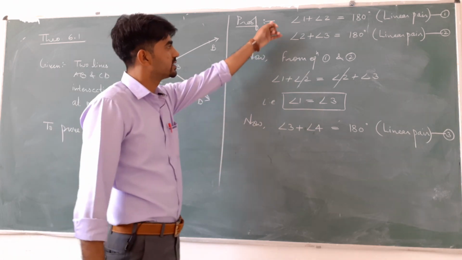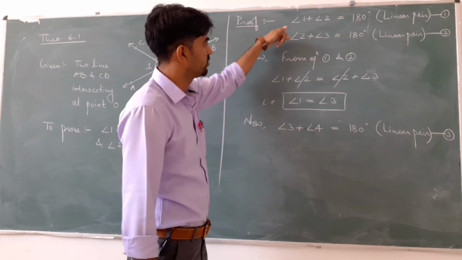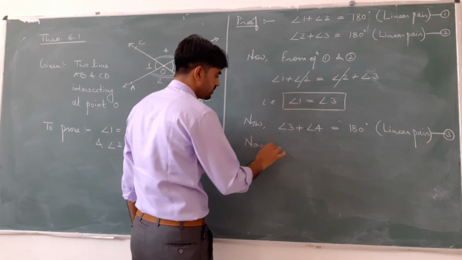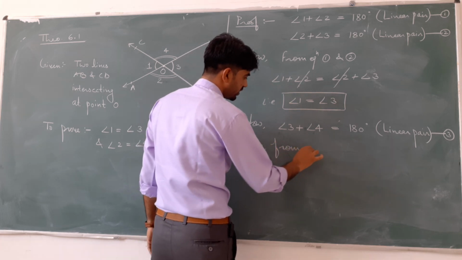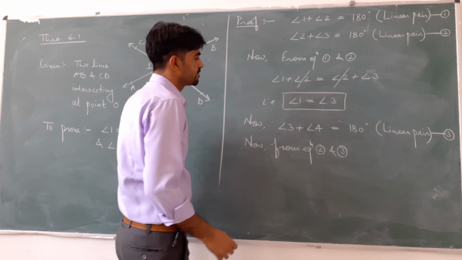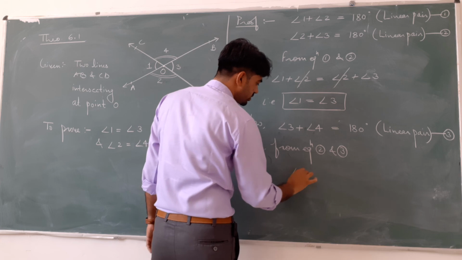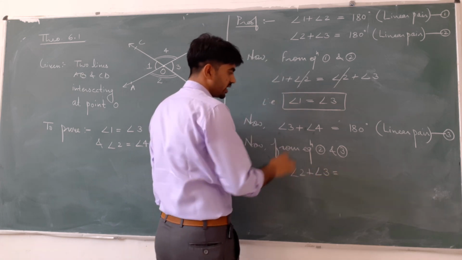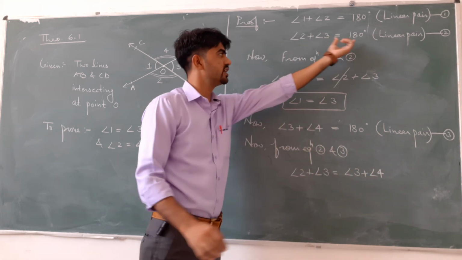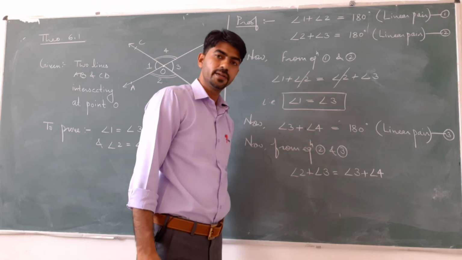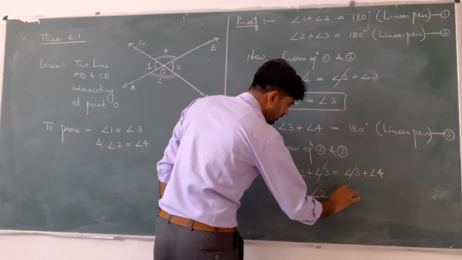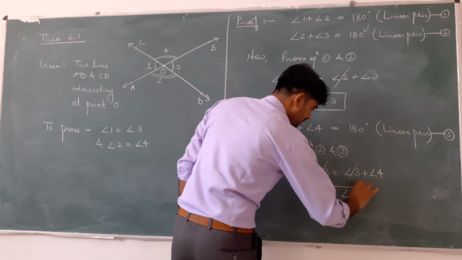Now from equations 2 and 3, we can say that angle 2 plus angle 3 is equal to angle 3 plus angle 4, because the sum of these two is 180 and the sum of these two is also 180 degrees. So angle 3 will be cancelled. So angle 2 is equal to angle 4. Hence proved.